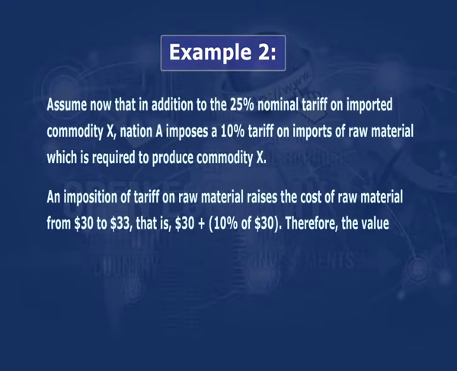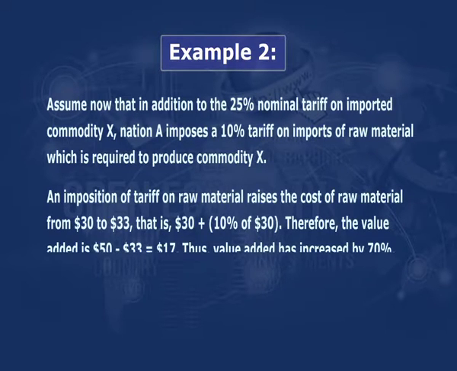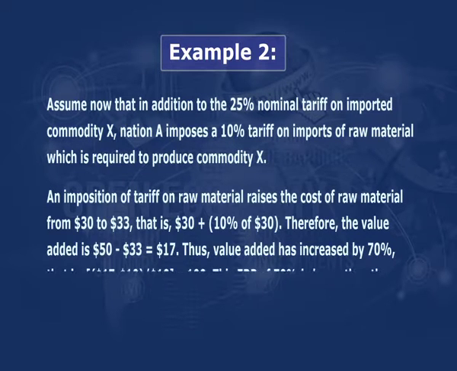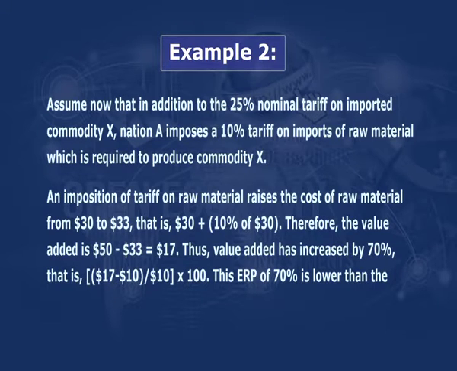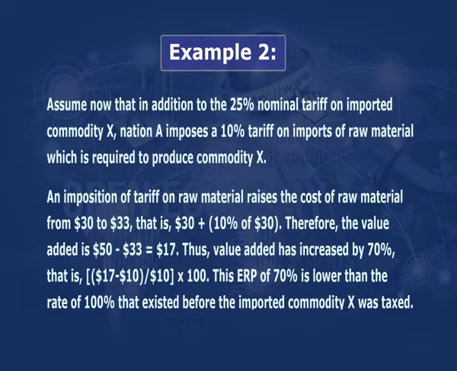Therefore, the value added is $50 minus $33, that comes to $17. Thus, value added has increased by 70%, that is ($17 minus $10) divided by $10 into 100. This ERP of 70% is lower than the rate of 100% that existed before the raw material was taxed.